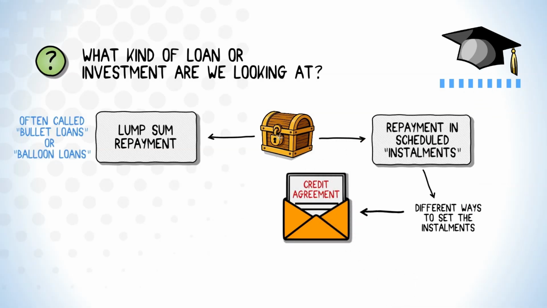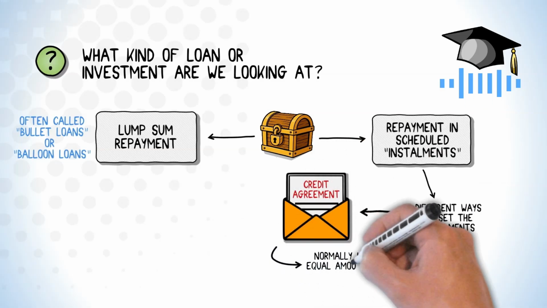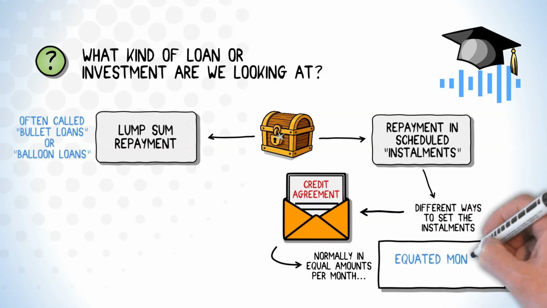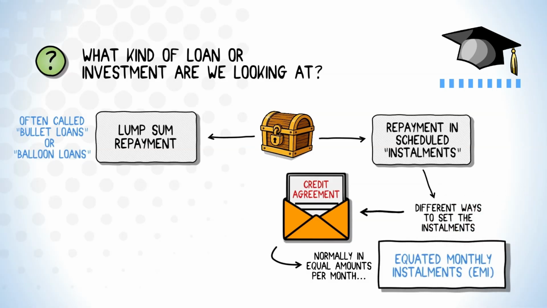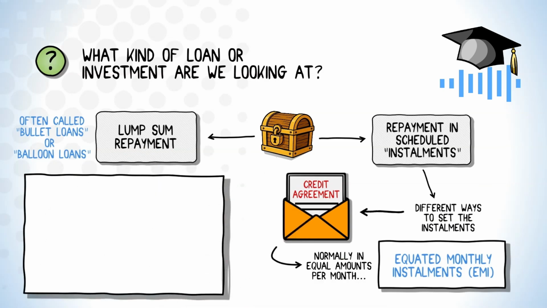Normally the repayments are in equal amounts per month, which is called equated monthly installments, EMI. Again, there are different methods to structure this. While this sounds like a technicality, it does affect most of us quite significantly. That's because most kinds of personal debt tend to be installment loans, such as mortgages on houses, car finance, and also consumer credit.